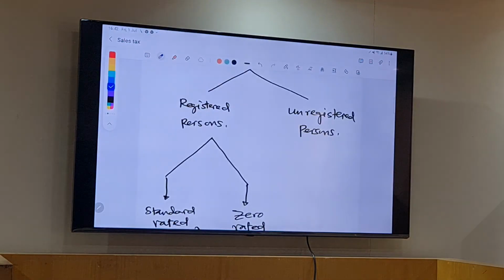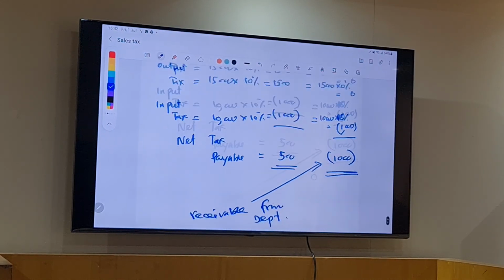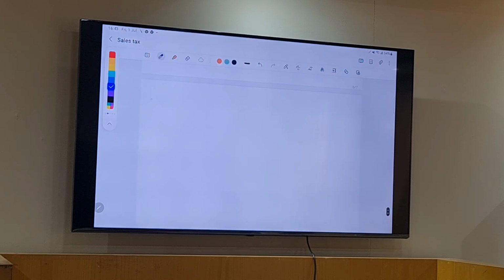So now we talk about this. In this situation, if I bring the same example, the output is 15,000 and we cannot charge any tax, 0.